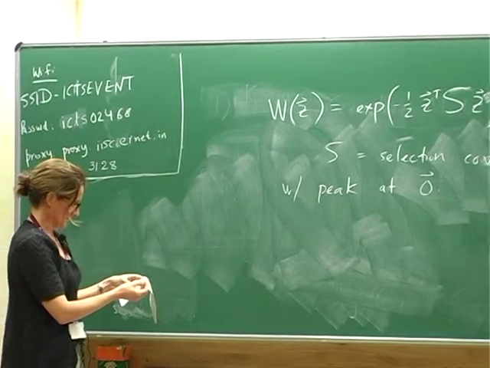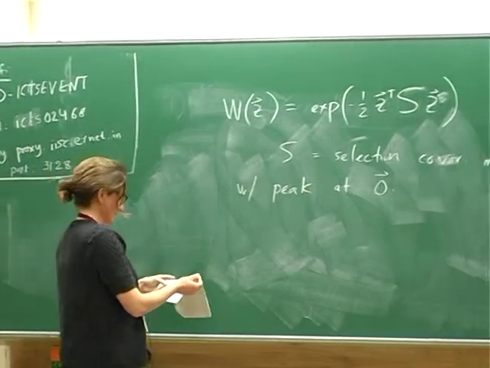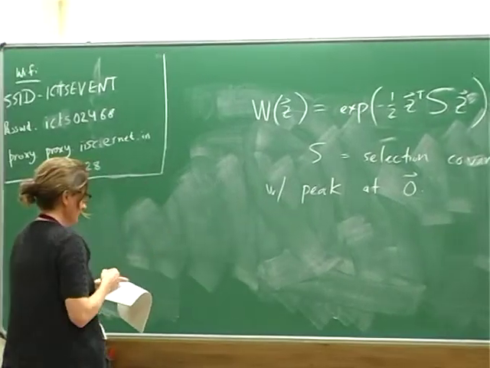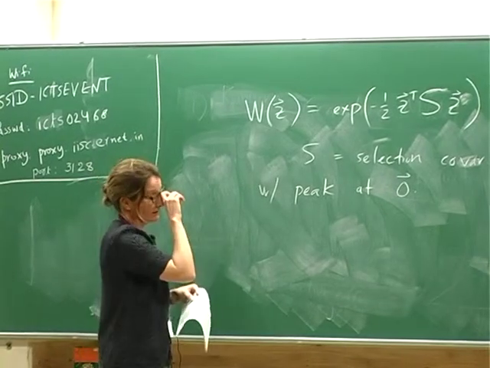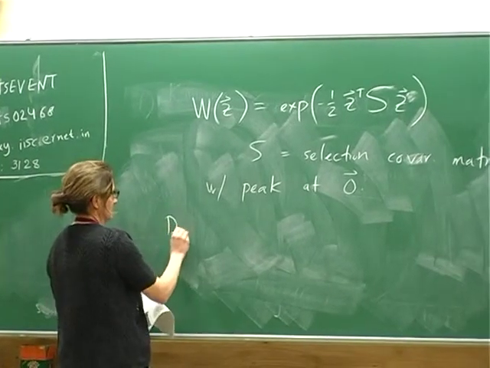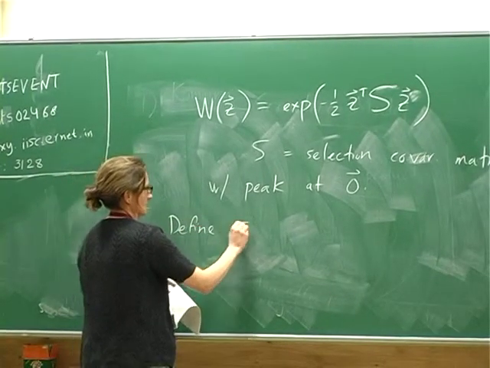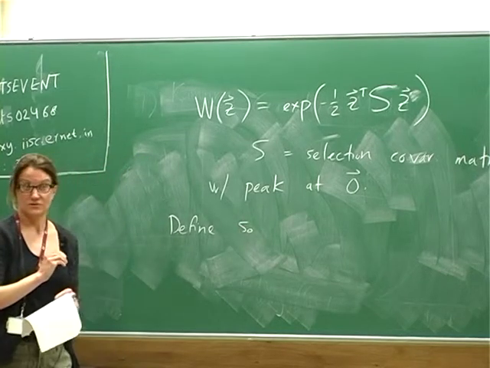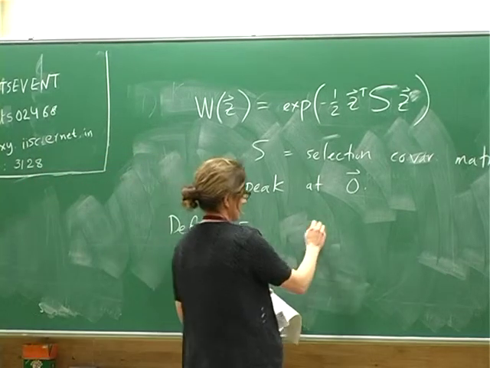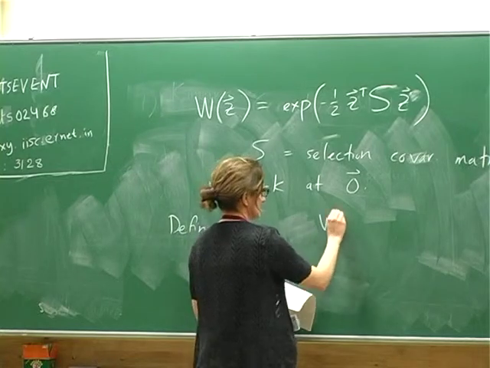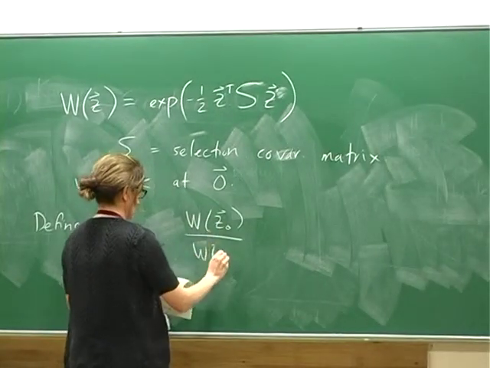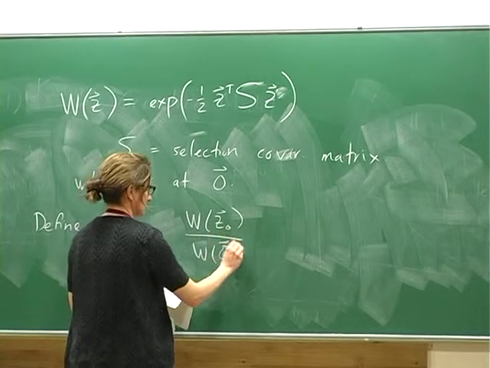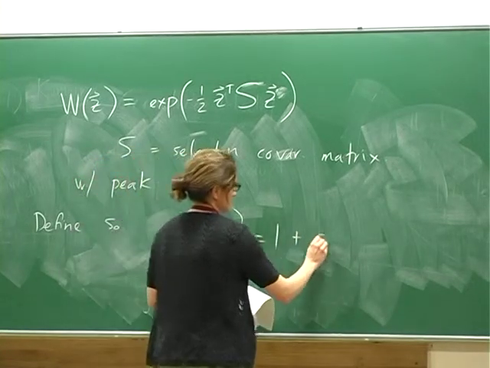Okay, keep going with the math. Population starts at Z0. We will define an S0 just because it's going to be useful as the relative fitness compared to the optimum, 1 plus S0.